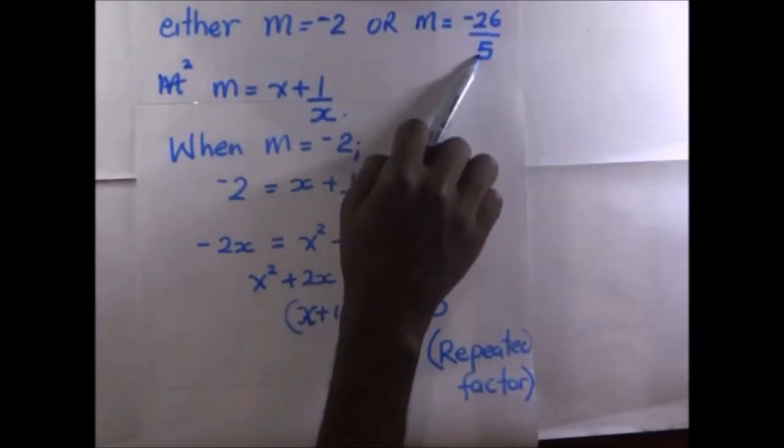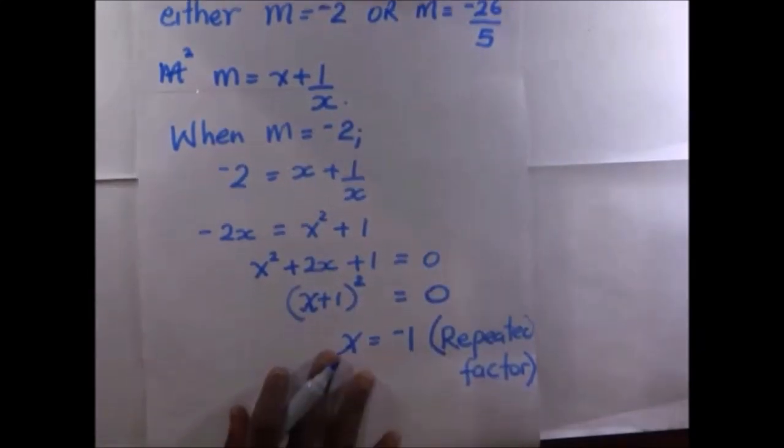So when m is negative 26 over 5, let's get the value of x that is corresponding.